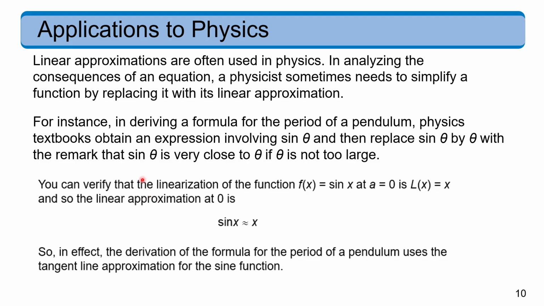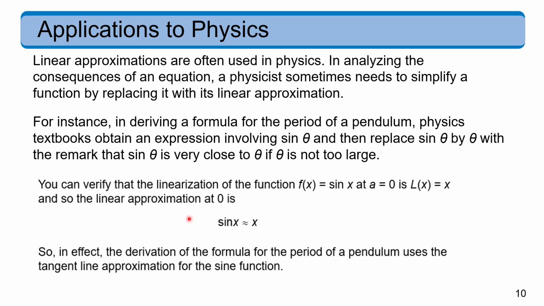So in physics, it's very common to see sine theta replaced with theta, and I should mention that it's the linear approximation if it's tangent at x value 0 or theta value 0. So sine theta is close to theta, but only if theta is near 0.